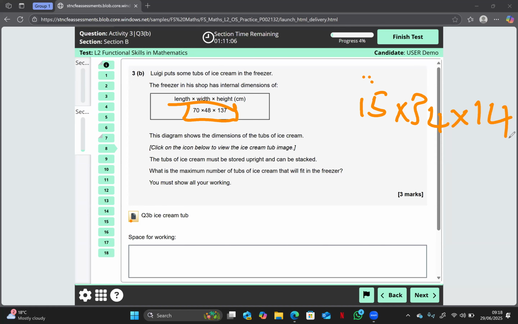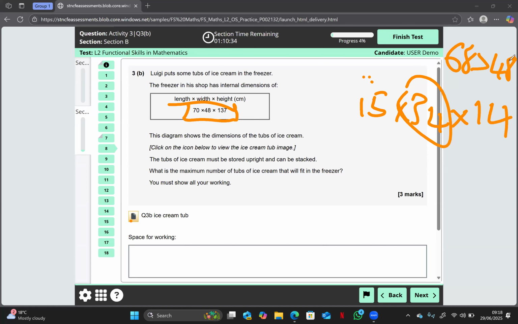So it's only going to be one row, and because it's only going to be one row, the width is 34, and 2 times 34, which is 68, is bigger than 48, therefore there's only going to be one row. In terms of length, 15 is fine because it's deep enough.